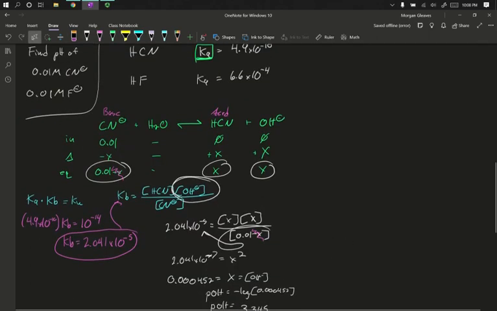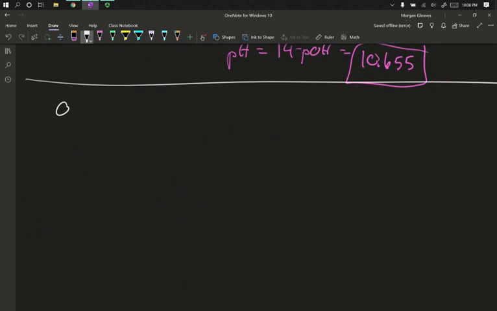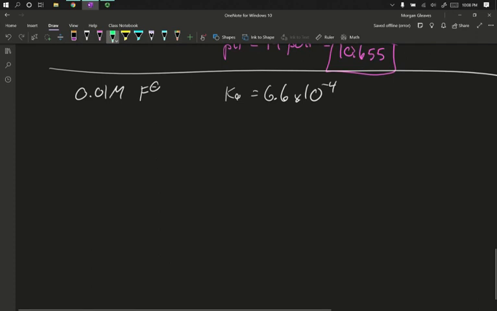Similarly, let's find this for the fluoride. Ka is 6.6 times 10 to the minus 4. 0.01 molar F minus. Well, same idea is occurring here if we want to find the pH.